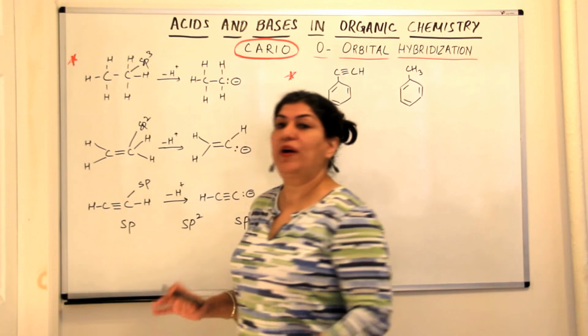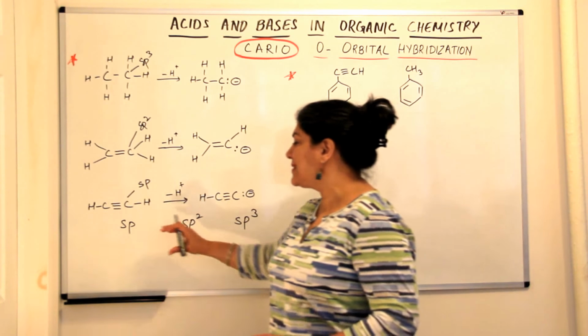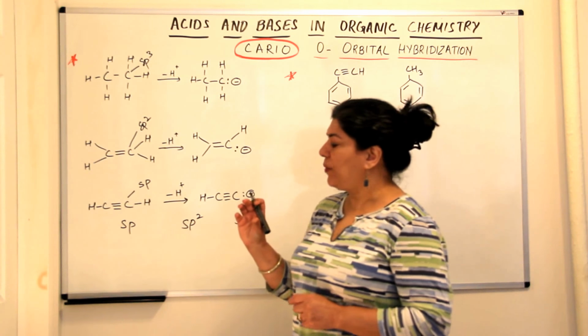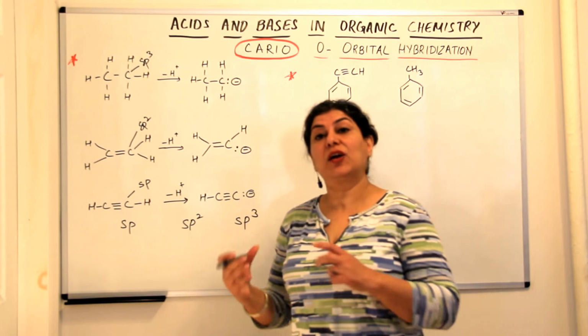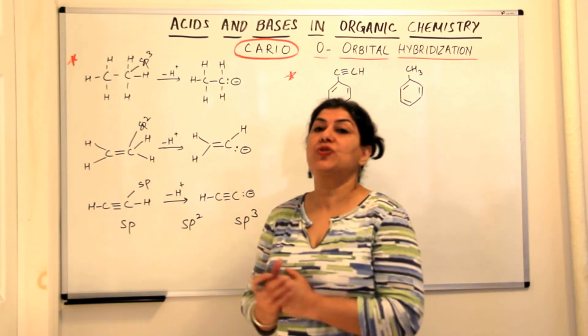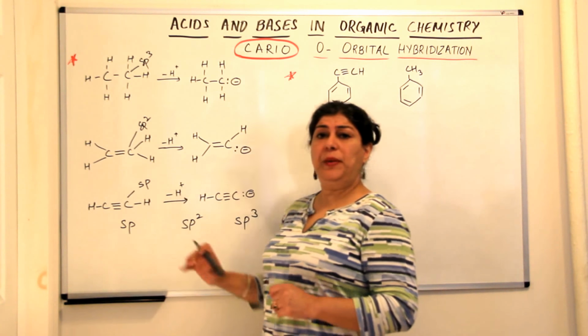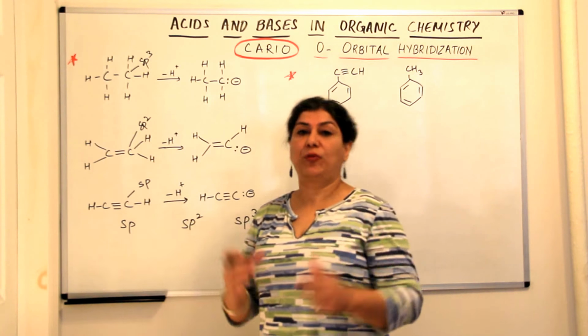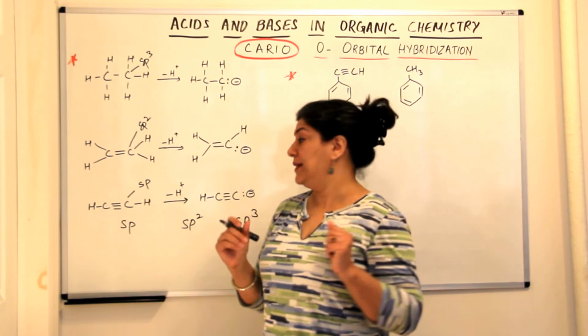So if we want to find out the percentage of s character in each one of these, why do we do this? The s orbitals are smaller in size and they are closer to the nucleus. The electrons present in an s orbital are closer to the nucleus. And p orbitals are the shapes of dumbbells and they are a little away from the nucleus.